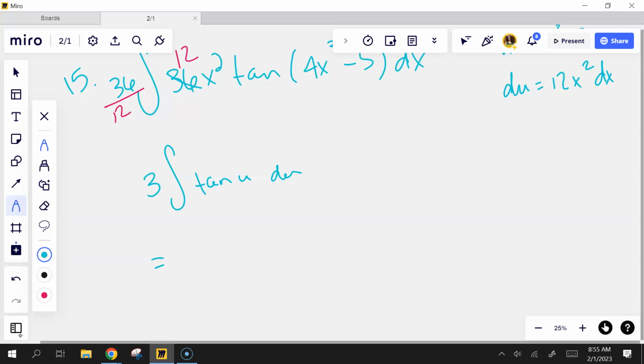And that's secant. But wait. Remember, I can't divide integrals.